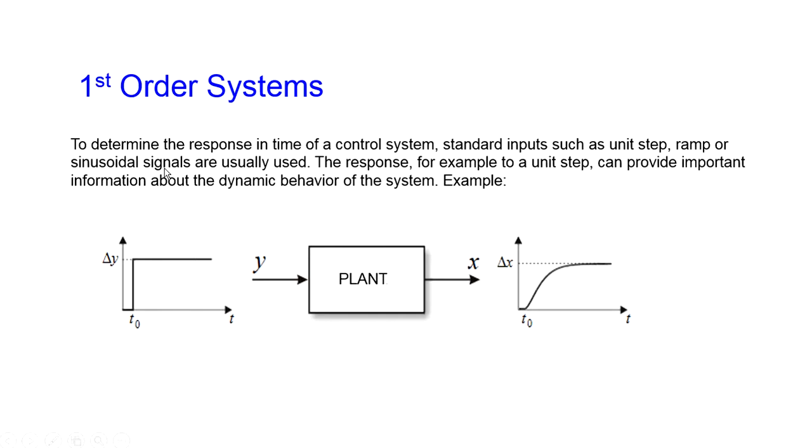In this example, on the left part of the graphic, we have a step response, a signal that comes abruptly from 0 to 1, for example. This is fed to the plant, and there is a response that could be, for example, an exponential function that approaches asymptotically the final value of the response.